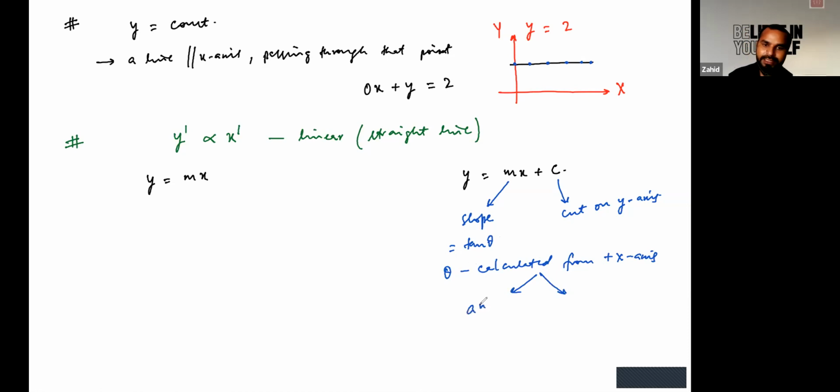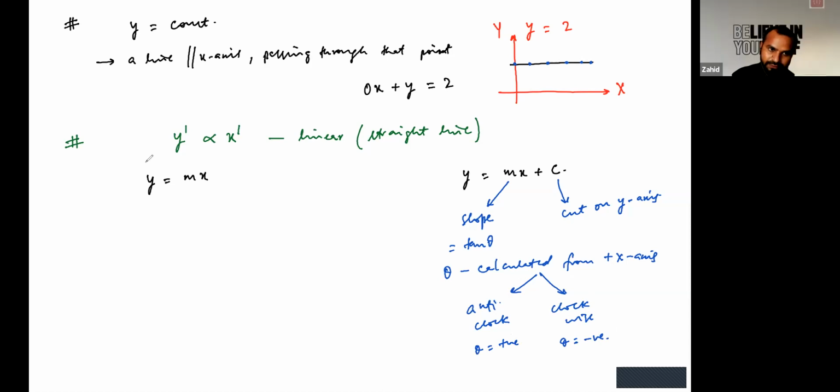While going in anti-clockwise direction, theta would be positive, and while going in clockwise direction, theta would be negative. Is it clear? Yes, sir.